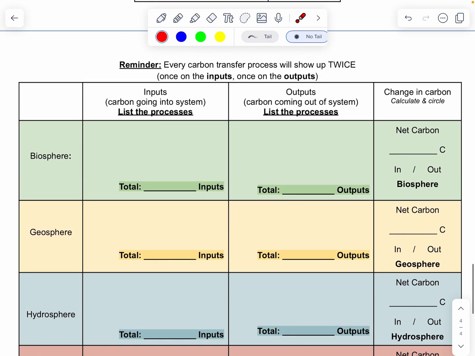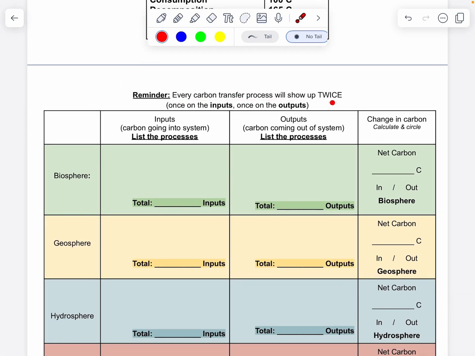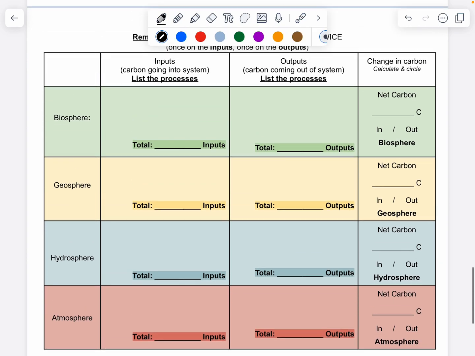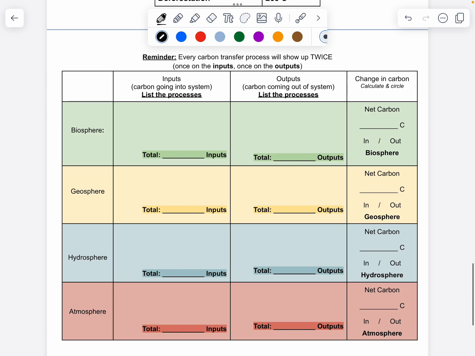Now what's important is that every carbon transfer is going to show up twice because it's coming from one place and going to the other. So once in the input, once in the output. Okay, so my calcification process is going from, I'm just going to start with the output. It's coming from the hydrosphere (200 units).